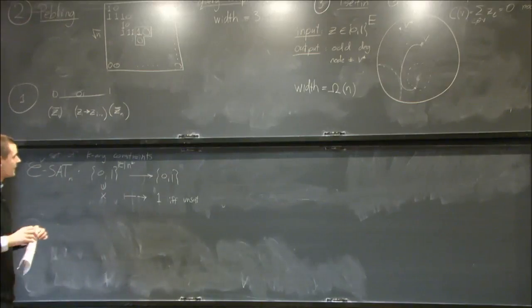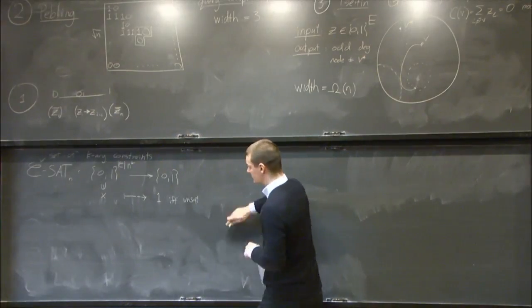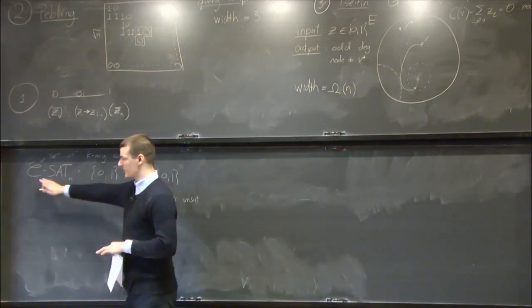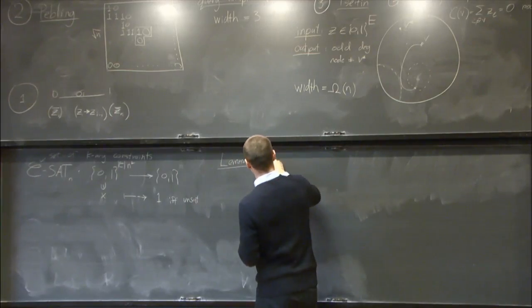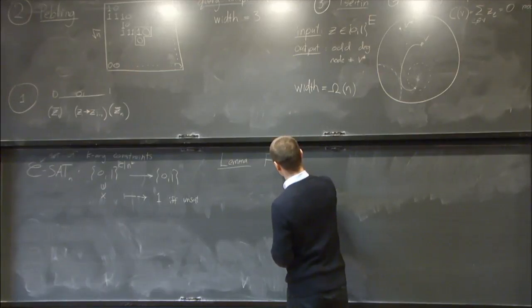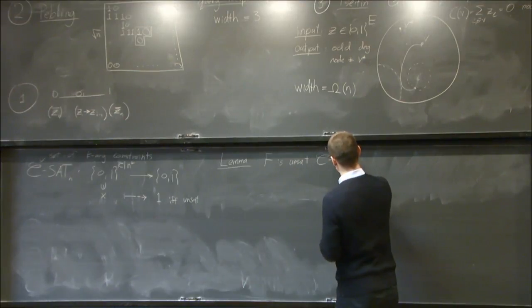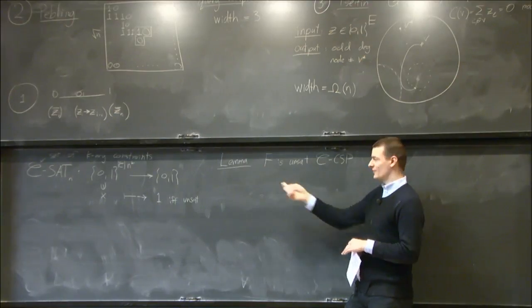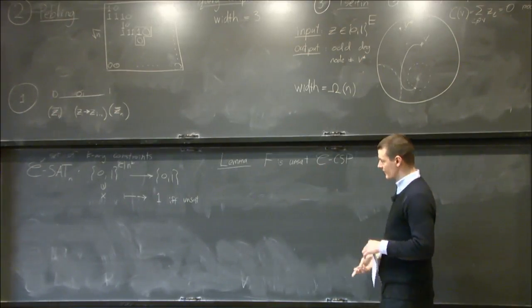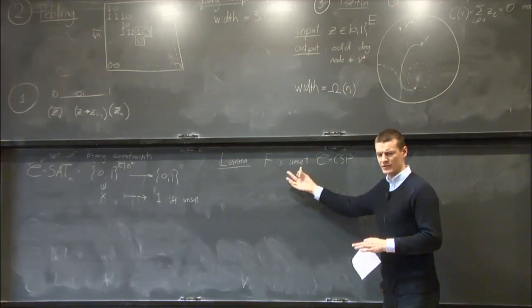So I claim that if you start with any formula with constraints from this set, this is the key reduction, so if F, capital F, is a CCSP, so that just means it's an AND over constraints from this set, and it's unsatisfiable, which you can always rewrite as a CNF formula, by the way.